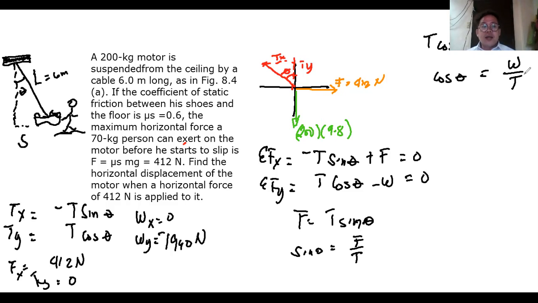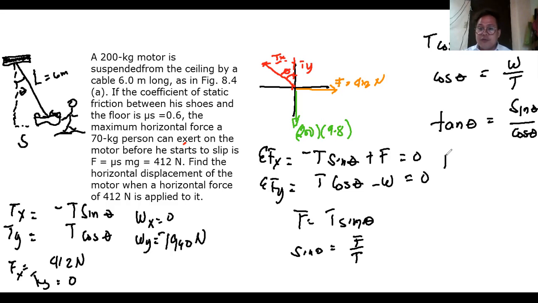But then, we have this trigonometric identity: tangent theta is equal to sine theta over cosine theta.